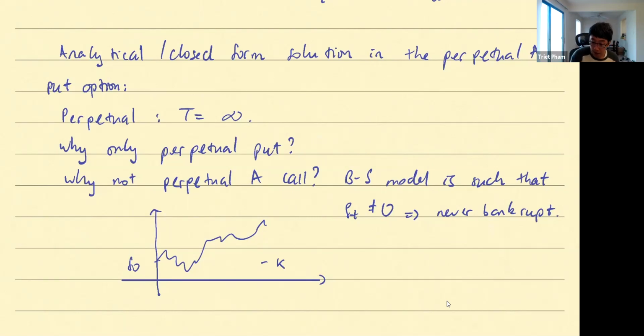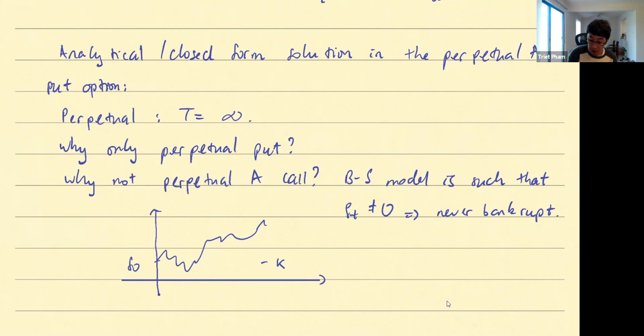So in that sense you may want to exercise early. Even if it's perpetual, you don't want to wait forever, because the longer you wait, the more likely the company will go bankrupt. The Black-Scholes model does not allow for bankruptcy. So the question of perpetual American call is meaningless. Is that okay? But perpetual put actually is meaningful.